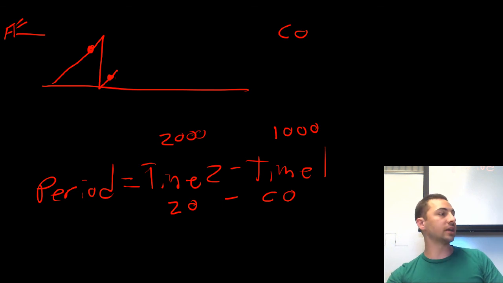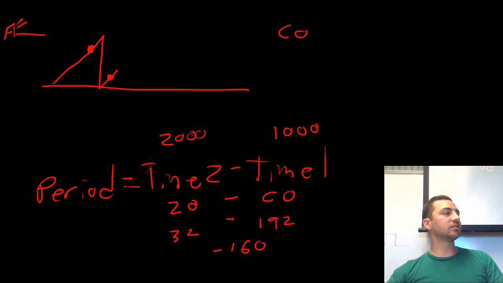Well, we could convert it into decimal. That would be 32, and that's minus C0, which is 12 times 16, is 192, and 32 minus 192 is negative 160. How do we then convert that back into signed 2's complement?